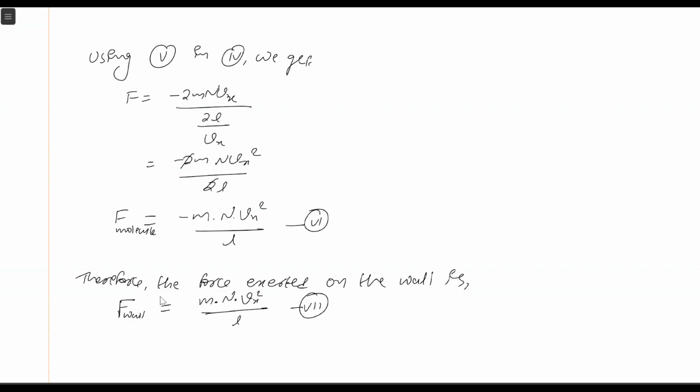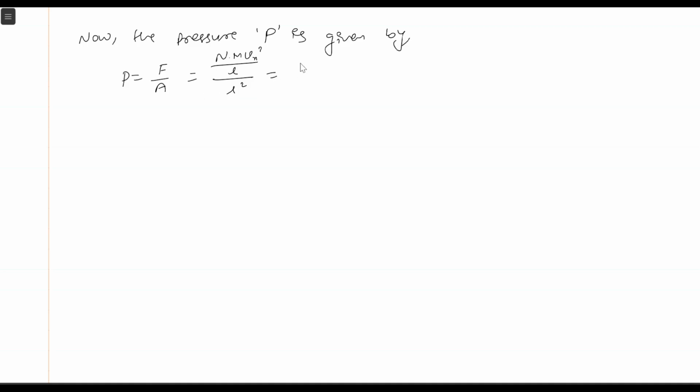Now if you have force, we can use the formula of pressure, right? What is the formula of pressure? From equation 1, P is equal to F by A. We have the formula of the force, that is N into M into Vx square by L square. Let's take this L to denominator, and it will be N into M into Vx square by L cube.